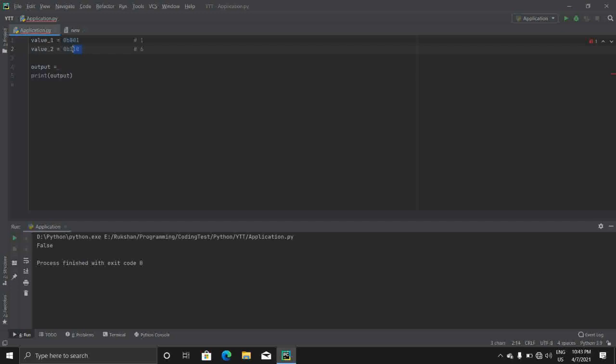Now the second variable, value 2, contains 1 1 and 0. Now let's do right shifting. I need to move these bits to the right side once.